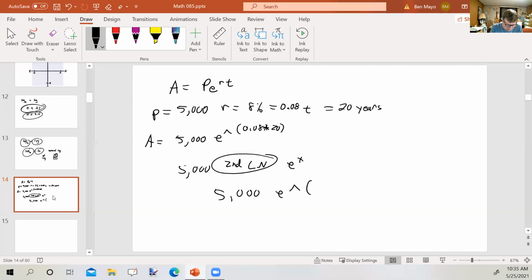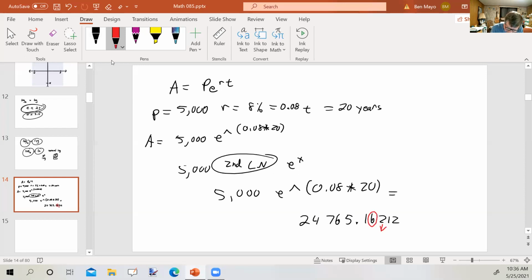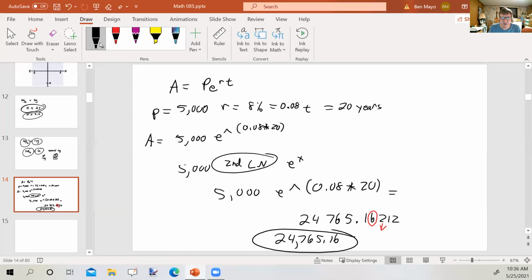Inside of there, 0.08 times 20, then close that up, push equals, and I get 24765.16212. The directions said round to the nearest hundredth. So that would be this place. The 2 would round down, so we get 24765.16 to the nearest hundredth.